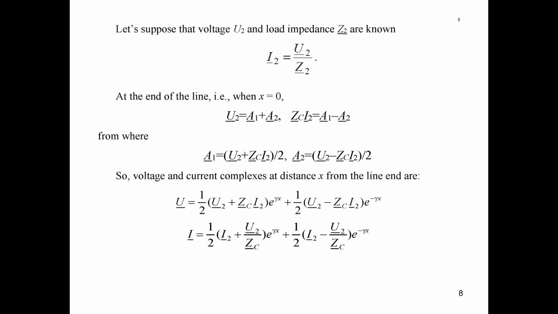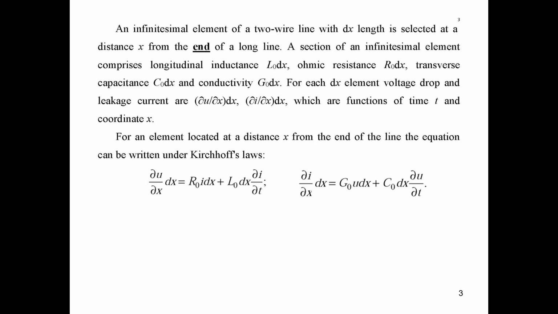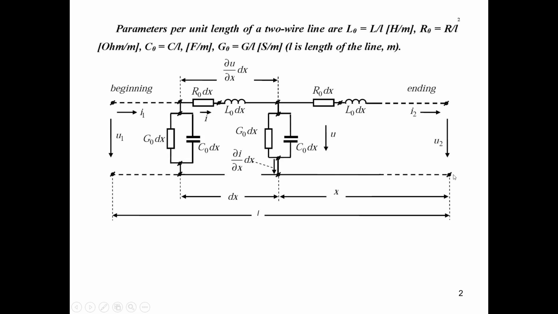Then, to determine the unknown integration constants, conditions either at the beginning of the line, u1 and i1, or at the end of the line, u2 and i2, should be used.